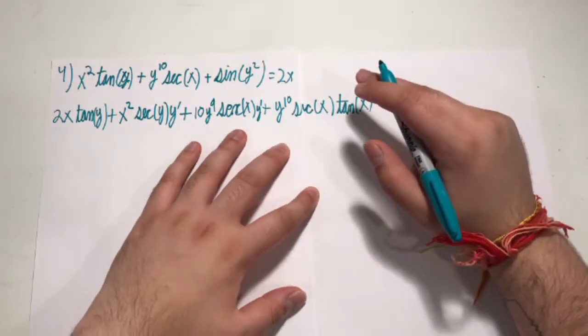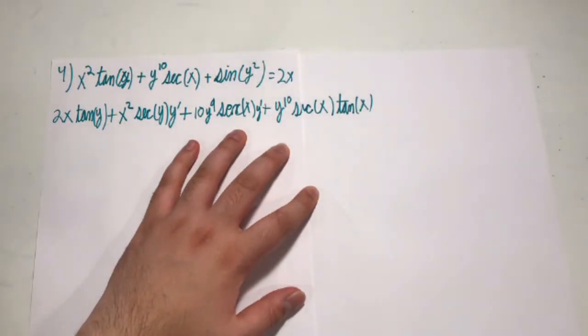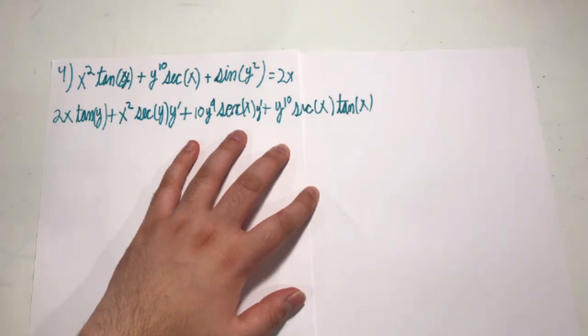Okay, the last term is now the derivative of this. So this isn't actually a product rule thing. It's a chain rule thing. We have an inside function and an outside function. So it's going to be the derivative of the outside function times the derivative of the inside function.